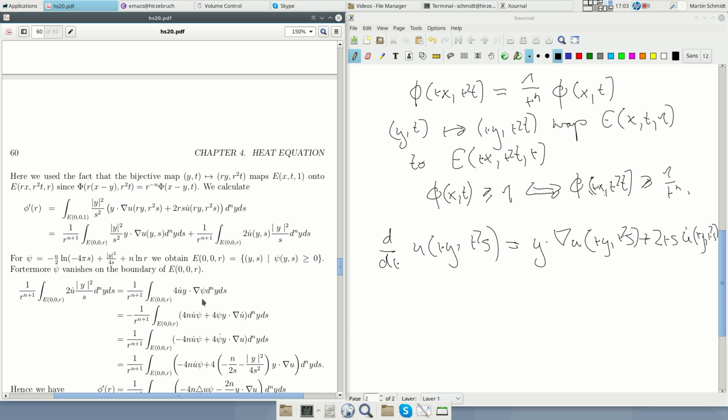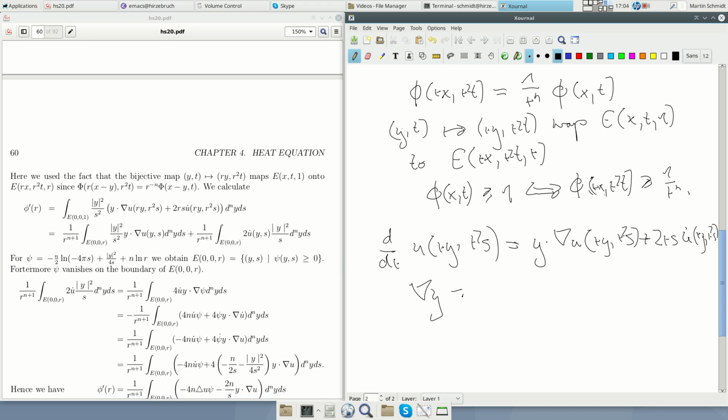Now we have a gradient here. Now we can do partial integration. This means this gradient we move to this side. And if we calculate the gradient of this, then we get 2 terms. The gradient of y, gradient y is of course n, because the derivative of y1 with respect to y1 is of course 1, and the same for all.